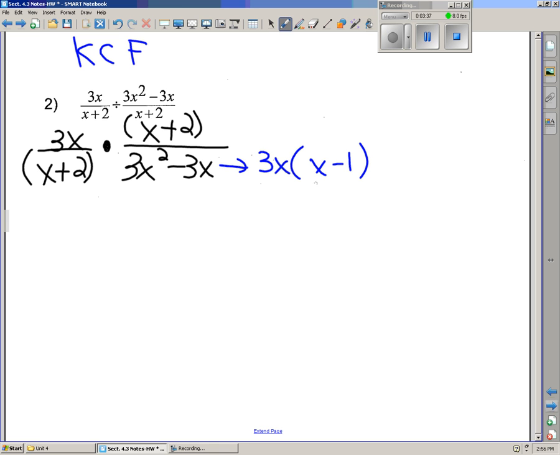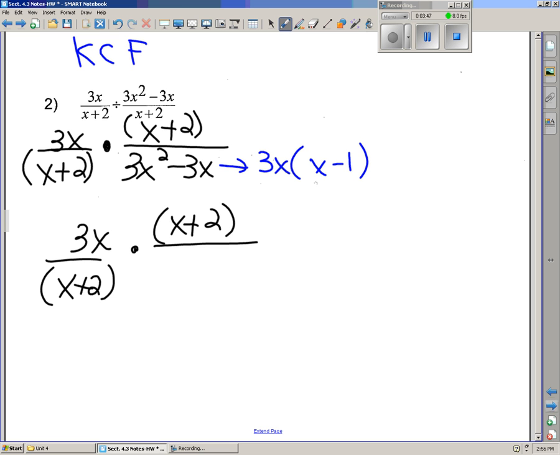So really what's happening is you have a problem that looks like this. 3x over parentheses x plus 2 times x plus 2 over 3x, x minus 1. When I start looking for common factors, this binomial x plus 2 cancels this binomial x plus 2.